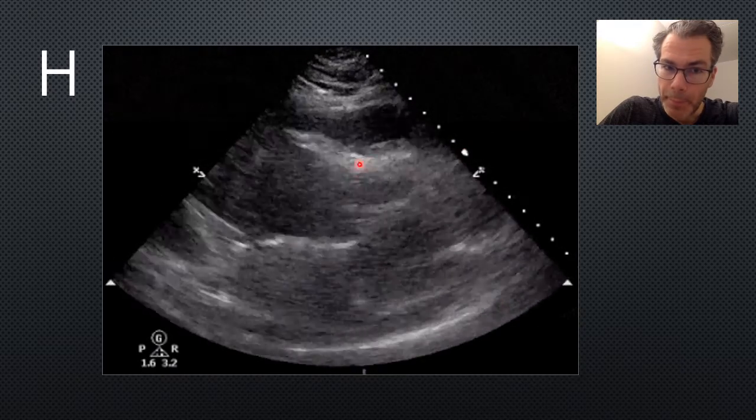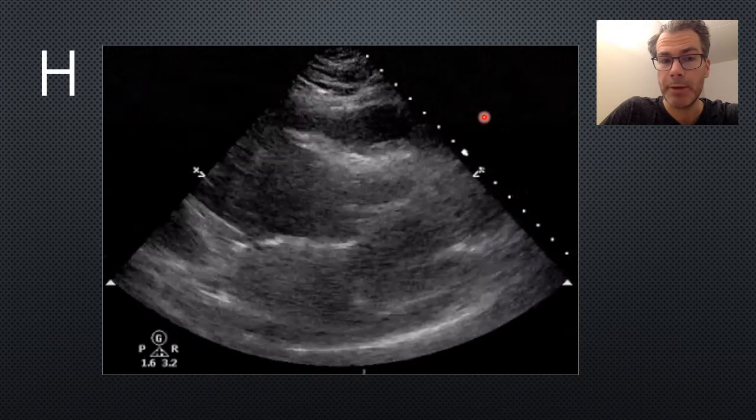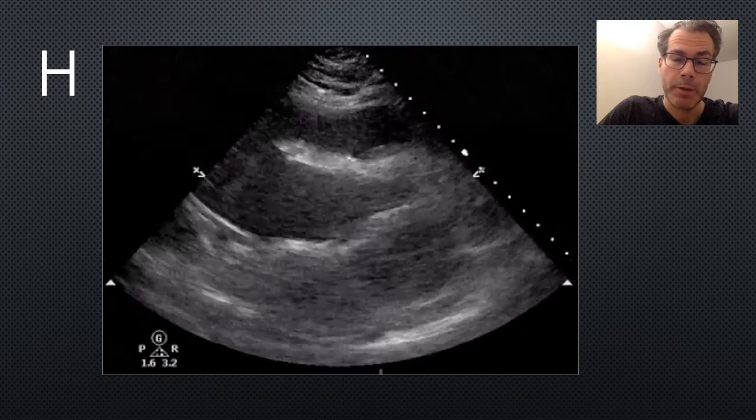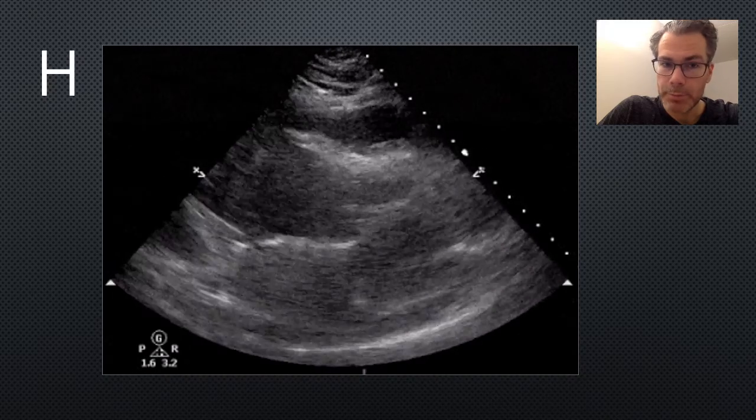So there is a bit of bumping in of the free wall of the RV there, which looks suspicious for tamponade. But to know whether that's actually during ventricular diastole or not, we'd either have to have ECG leads attached or time the collapsing of the free wall with the valve opening and closing. So we don't know for sure, but I can tell you in this case, this was a case of tamponade.